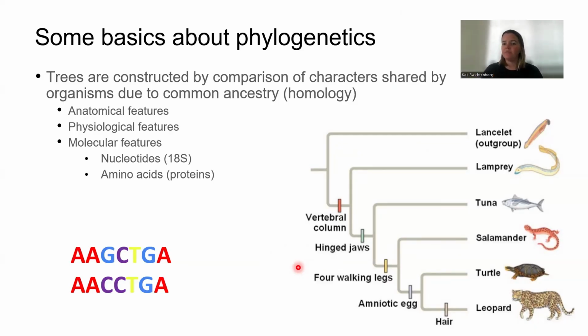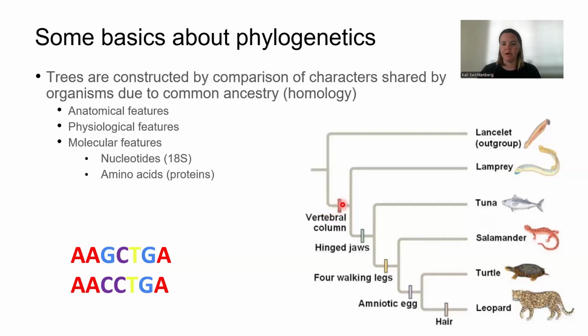So for example, if they have four walking legs, then we're going to bring them all into one clade. If they have hinged jaws, things like that. And so what you end up with is that at one point in time, one of these characters had been acquired, and then all of the progeny afterwards have that character.